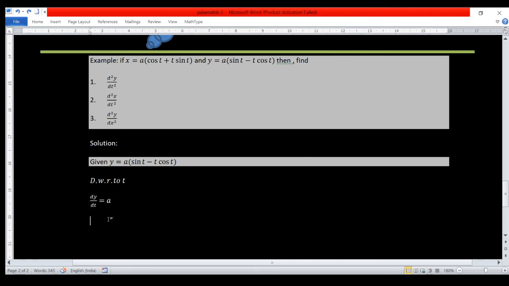dy/dt is equal to a times, first differentiate sin t. What will we get? Cos t minus, here it is a product of two functions. t into cos t is a product of two functions.